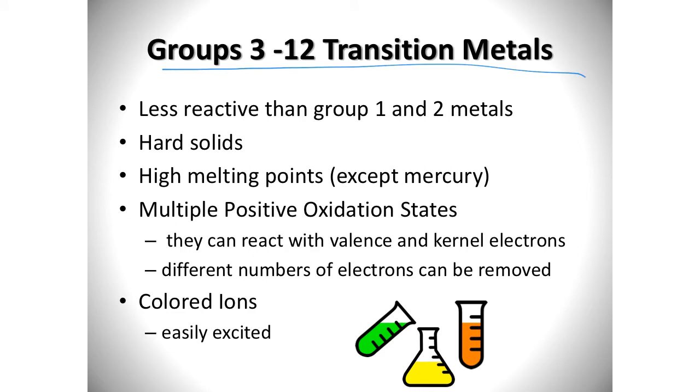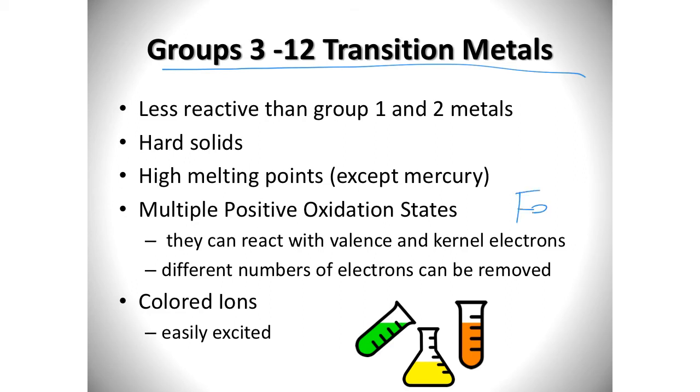They are much less reactive than group 1 and 2 metals. They are all solids except for mercury. They all have high melting points except for mercury. And they all can form multiple positive oxidation states.